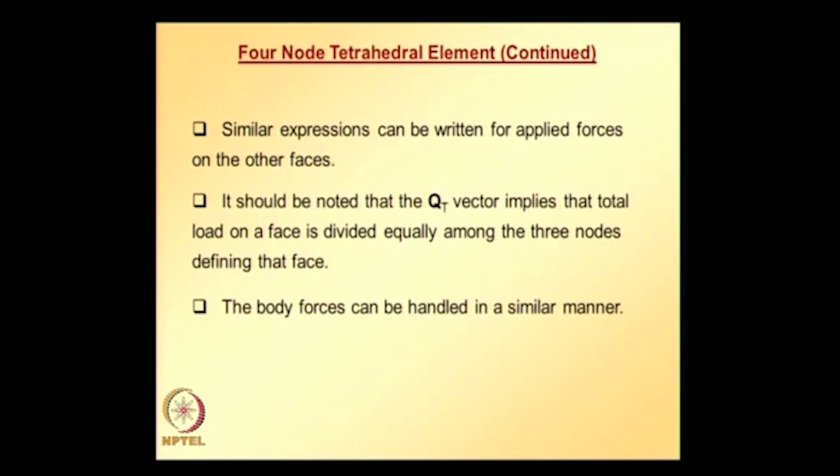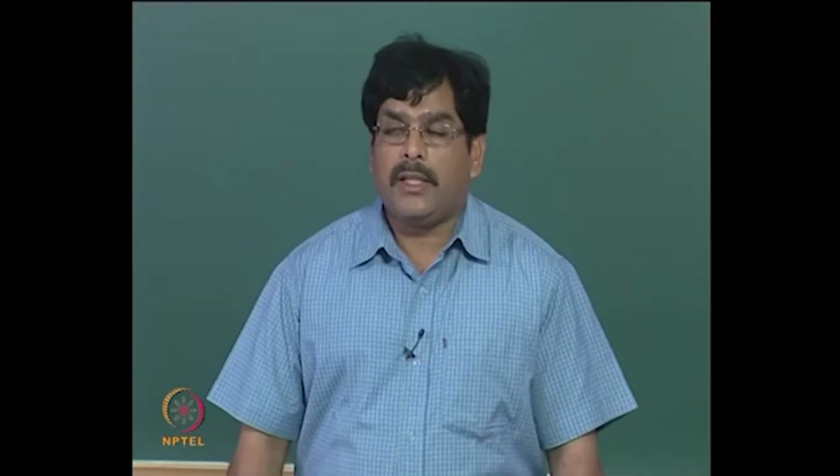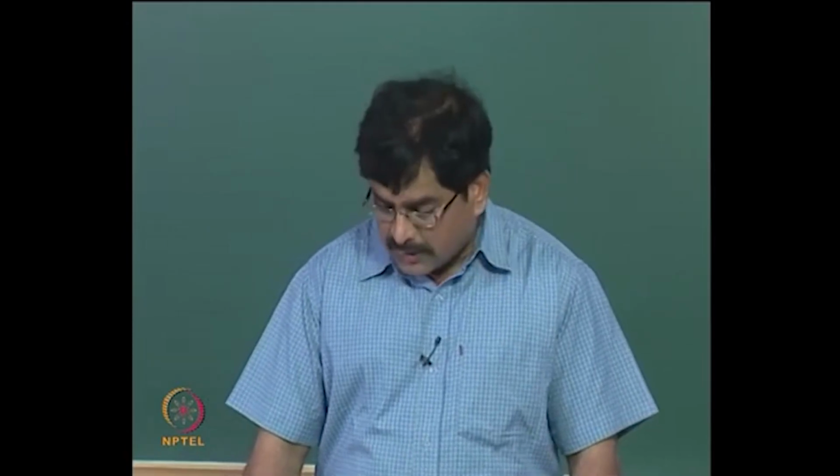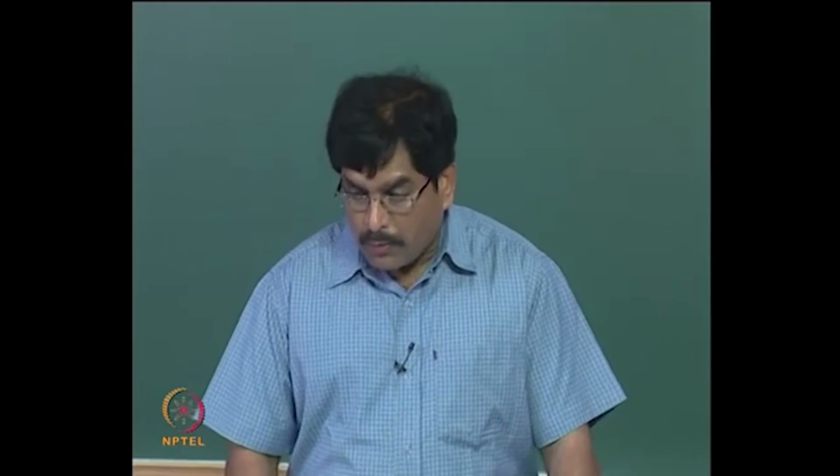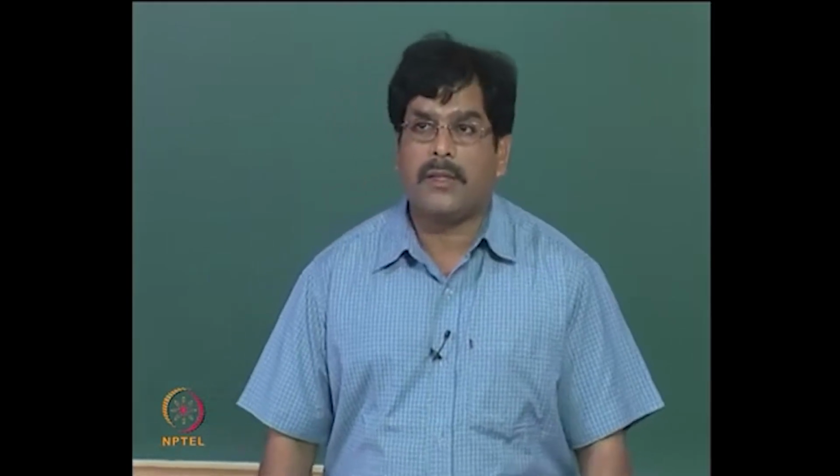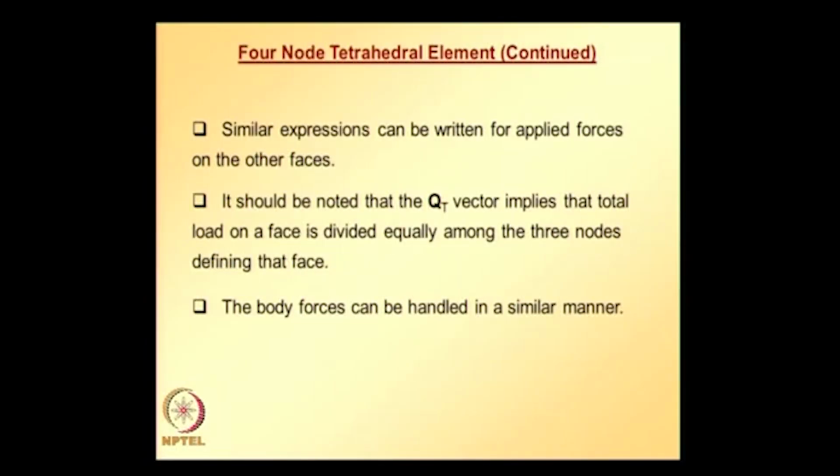And if the essential boundary condition turns out to be 0, we can delete that particular row and column of the global stiffness matrix and arrive at the reduced equation system, which we can solve for the nodal displacements. And all this procedure is similar to that we already looked at for 2-dimensional problems.